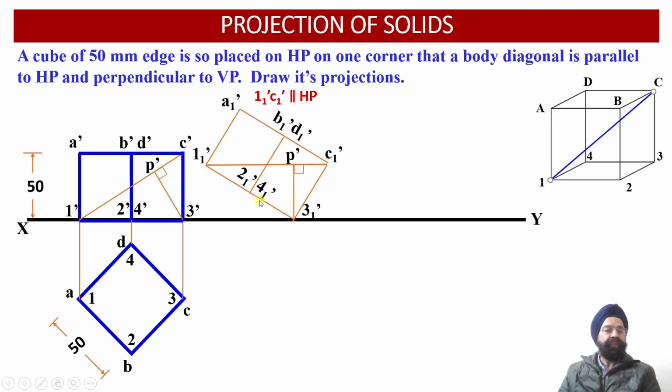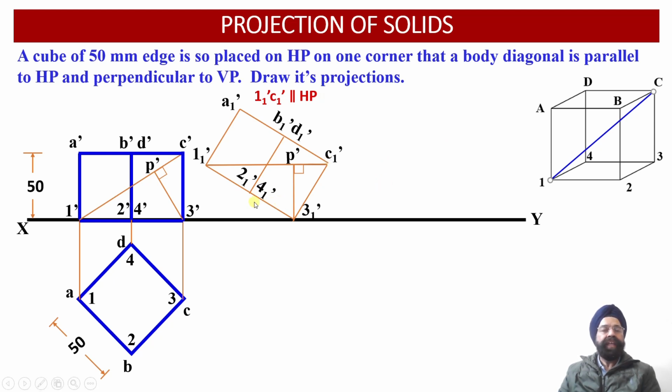Now here we could have provided the angle of inclination of the base with respect to the horizontal plane, but we haven't provided the angle of inclination of the base of this cube with respect to the horizontal plane. Rather, we have been provided with the information that this cube is inclined in such a way that this body diagonal happens to be parallel to the horizontal plane.